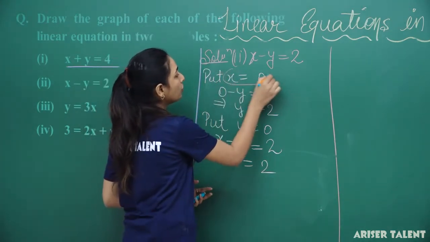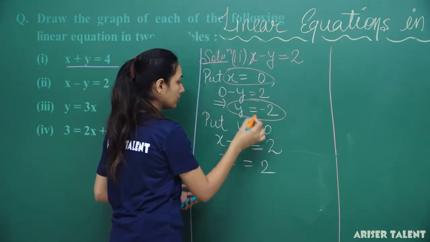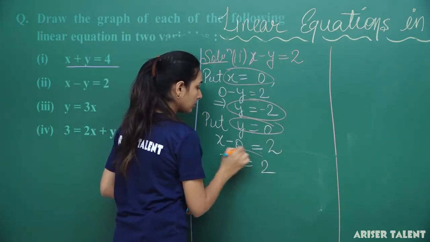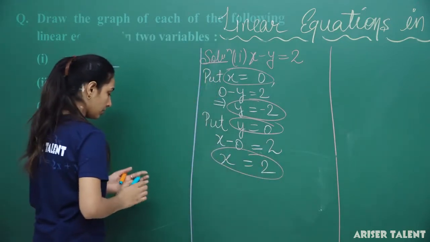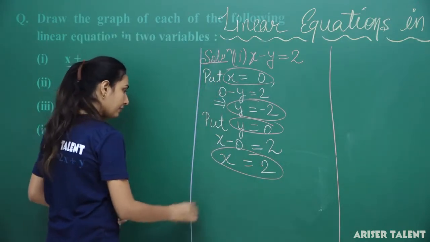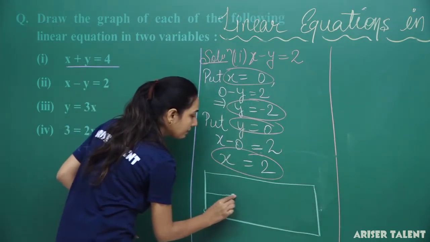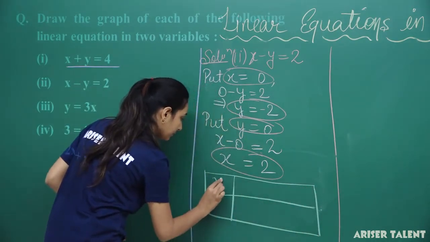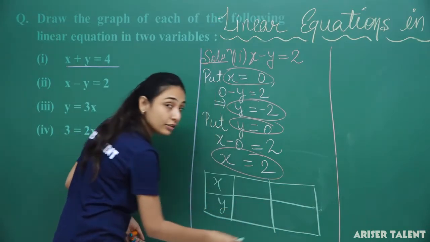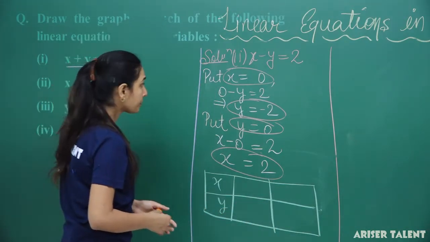So, these are two values and I have to make graph for that. So, basically if I will make this table for values of x and y, two values I am having. Okay.